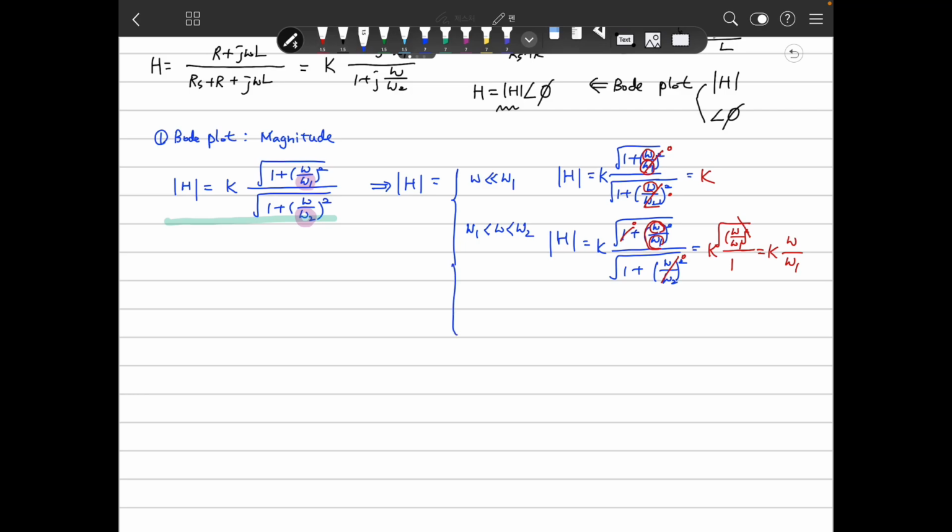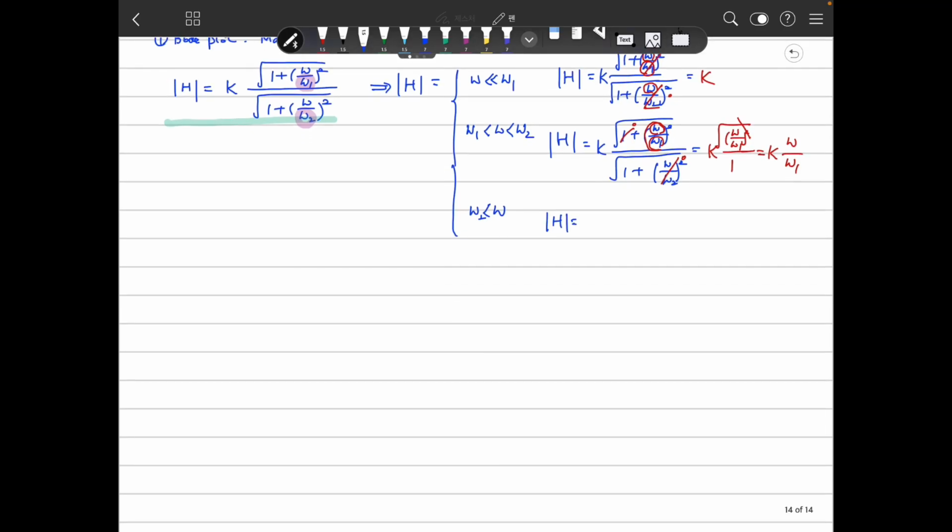The third case is when omega is larger than omega 2. Then H will be k times (1 plus j omega over omega 2) over (1 plus j omega over omega 1). In this case, because omega is larger than omega 2, this is larger than 1, so we can ignore the 1 and 1 here.